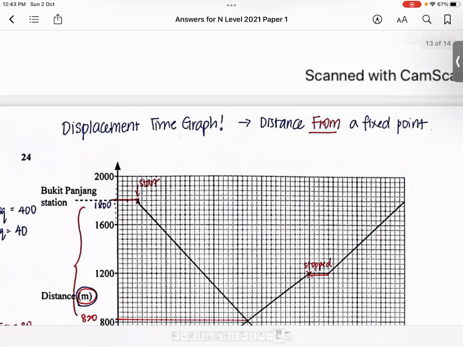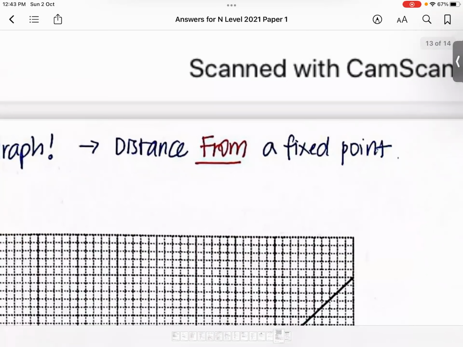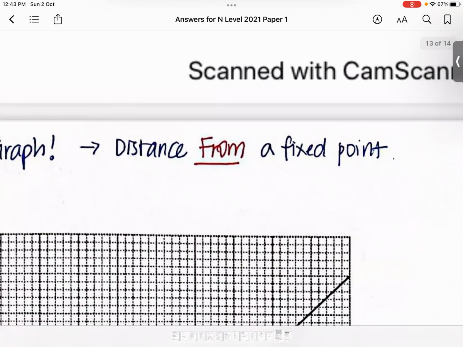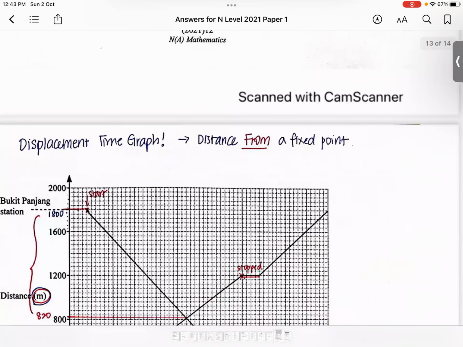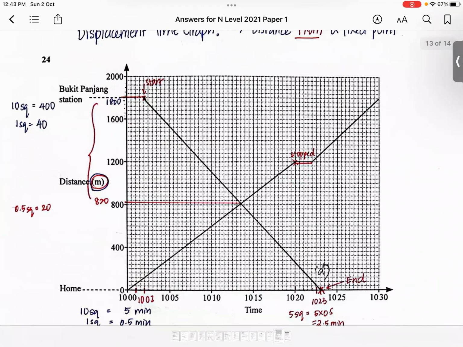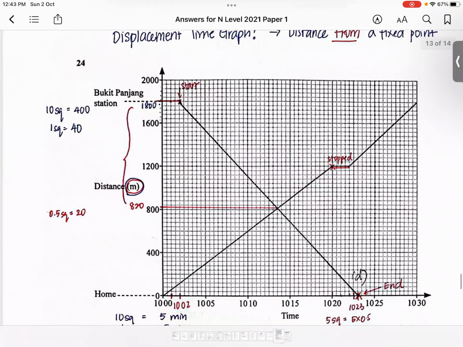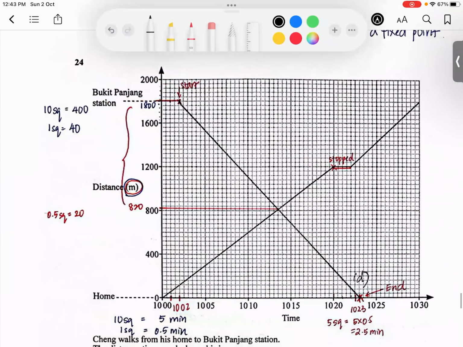That means it's distance from a fixed position, fixed point, fixed location. So when you have this kind of question, reading the words and the fixed location, the fixed point is very important. Two stations over here: one is the home, the other one is the Bukit Panjang station.